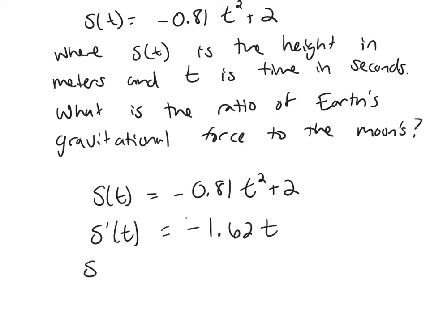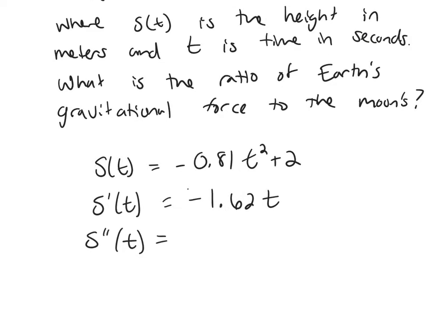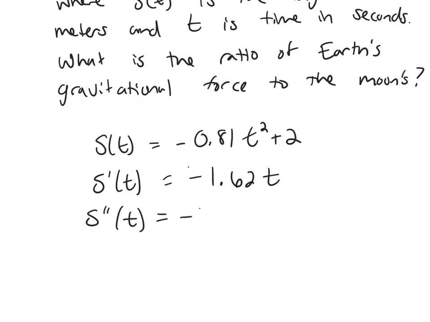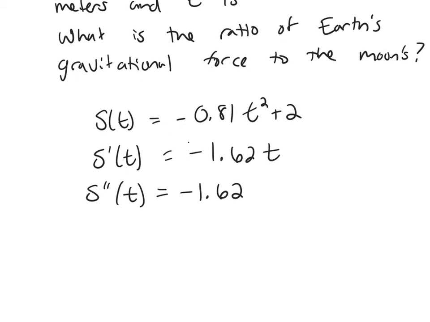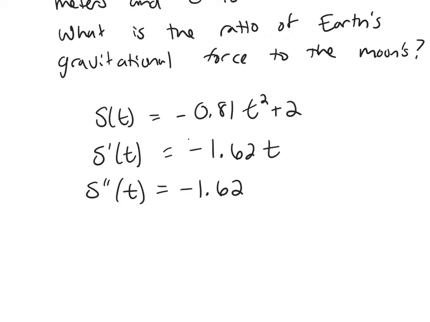And then we take another derivative, a second derivative, to get our acceleration here. And it would be negative 1.62. So this right here tells us everything we need to know about what's going on in the moon. On the moon, the gravitational force is this 1.62.